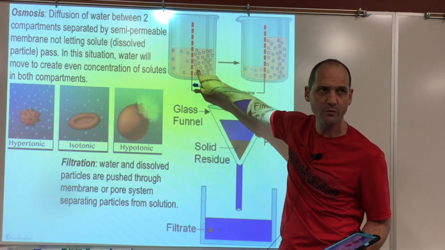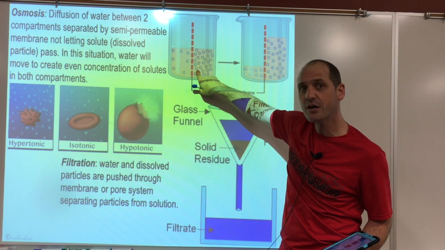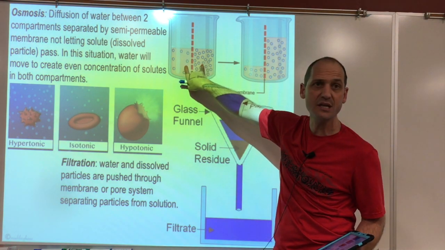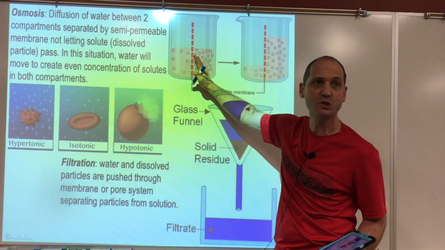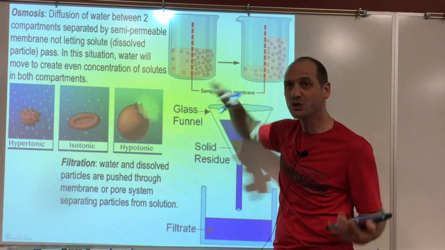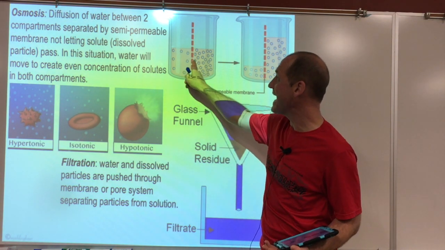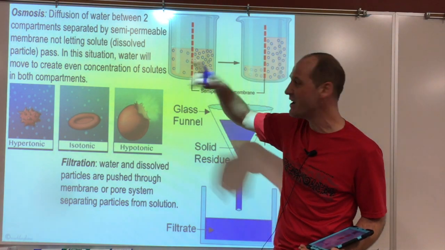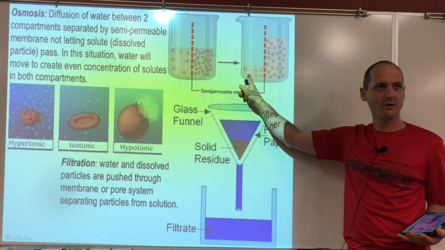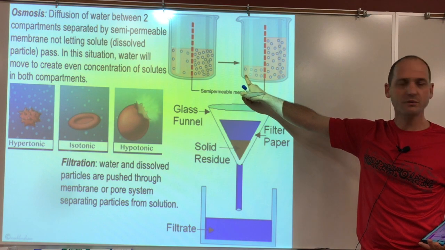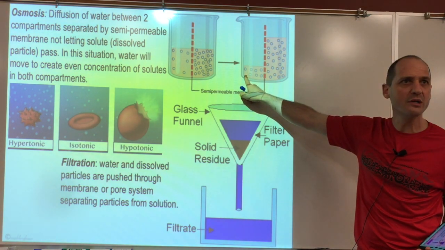Only water can go through. The desire of this situation is that both sides have an equal distribution of the particles. That's just what nature wants. And so now, because we can't move the particles, it's smart. Now the water moves, not the particles. That's osmosis.